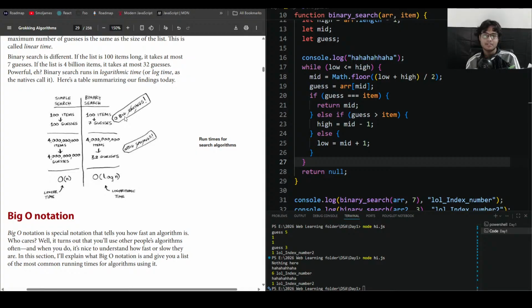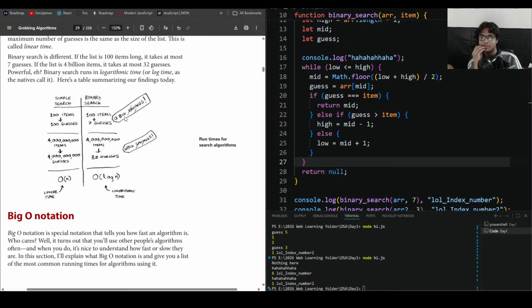If the list is 4 billion items, it takes at most 32 guesses. Powerful. Binary search runs in logarithmic time, or log time, as the natives call it.